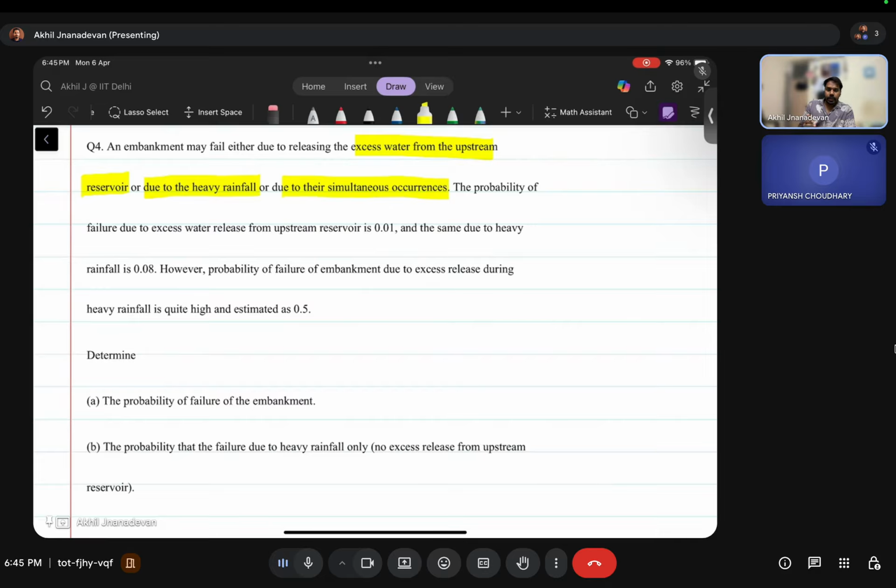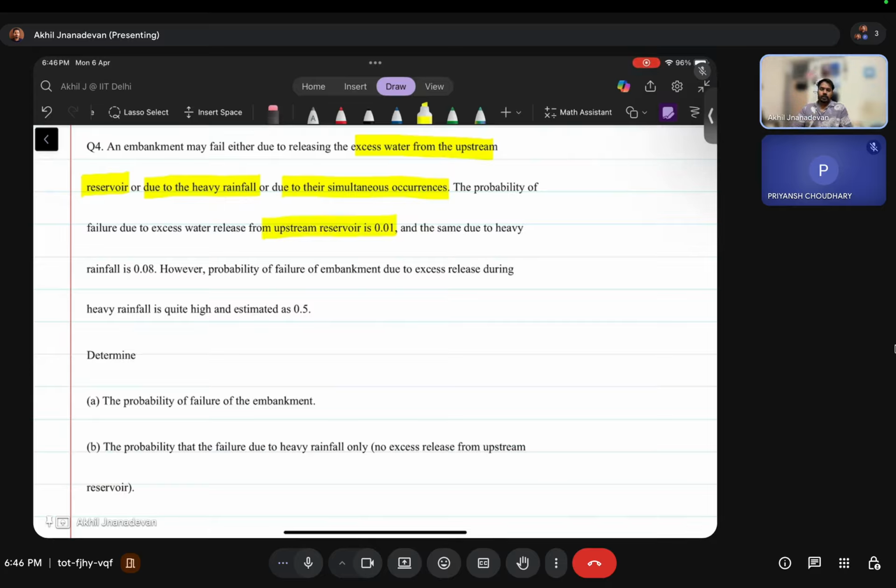That may cause the failure. Or at the particular location where the dam is, heavy rainfall is happening. That can also increase the inflow. That is another probability of failure. Or both can happen: the upstream dam is open and rainfall is also happening here. The probability of failure due to excess water released from the upstream is 0.01.